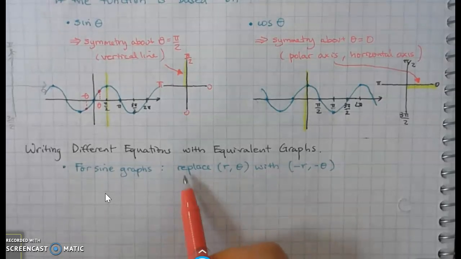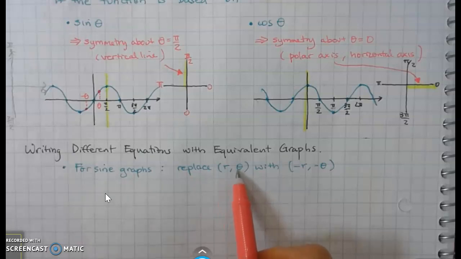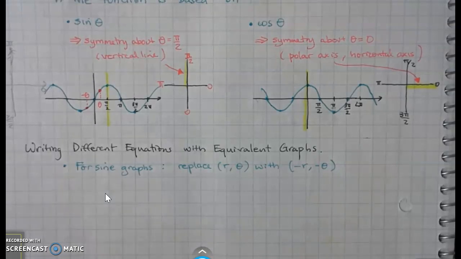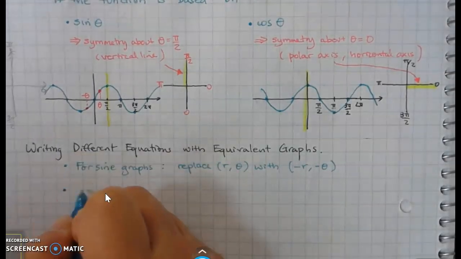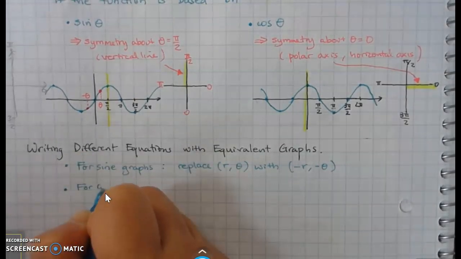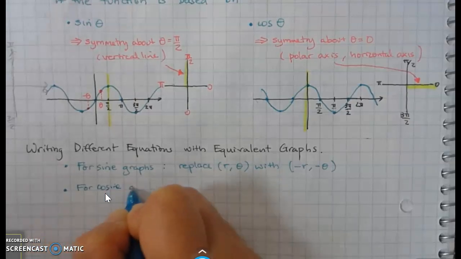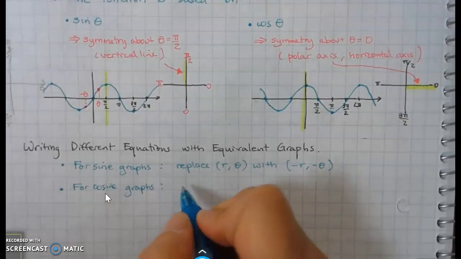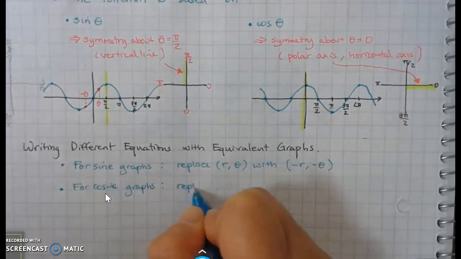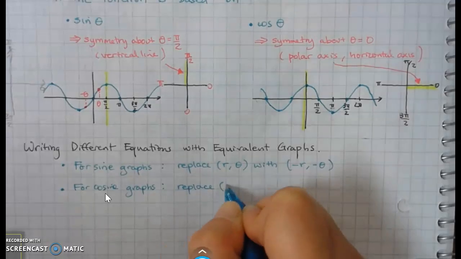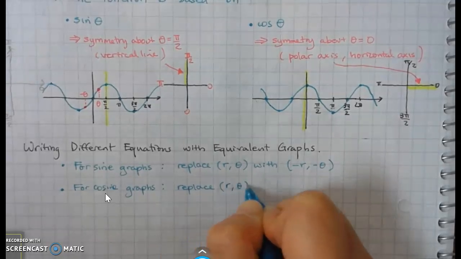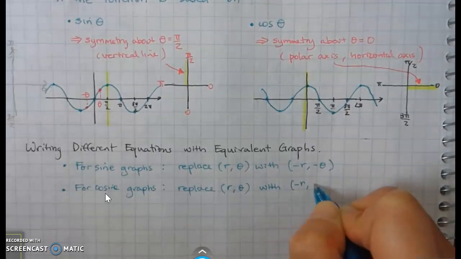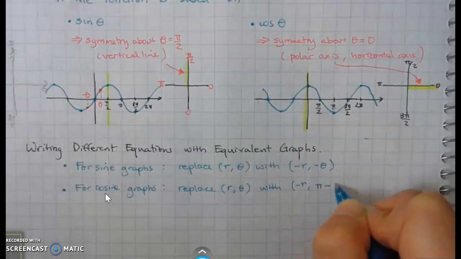So you can replace r and theta with negative r and negative theta if you're dealing with a sine graph. Or if you're dealing with cosine equations, you can replace r, theta with, in this case, negative r and pi minus theta.